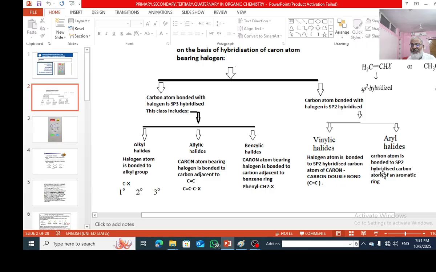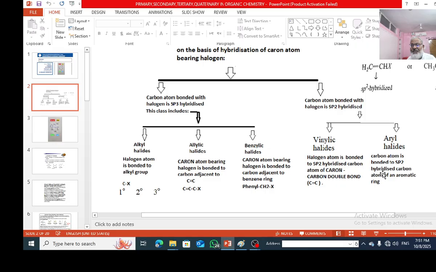This first group is phenyl. Each carbon of the benzene ring is known as an aryl carbon. Out of the 6 carbons, each carbon of the benzene ring is the aryl carbon, and the carbon attached to this benzene ring is known as the benzyl carbon.